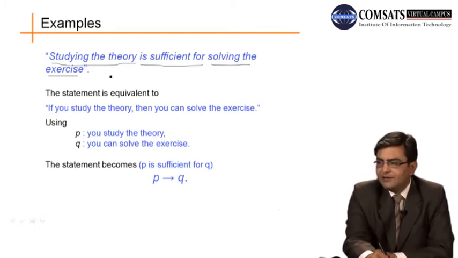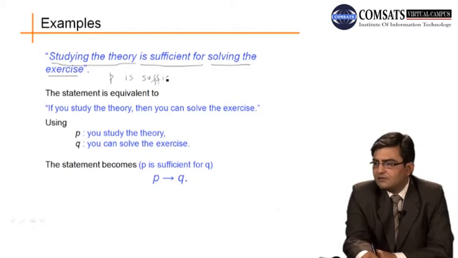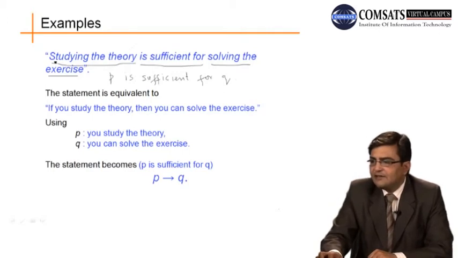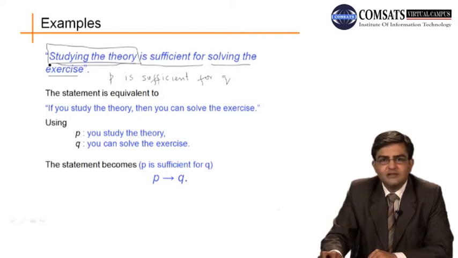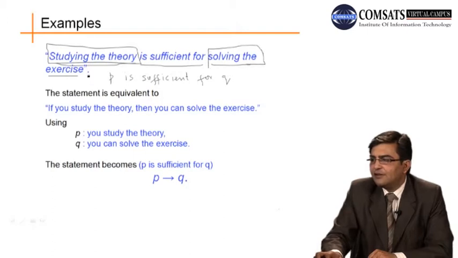The form of this statement is P is sufficient for Q. This means studying the theory is the hypothesis, is the condition in this conditional statement, and solving the exercise is the conclusion.